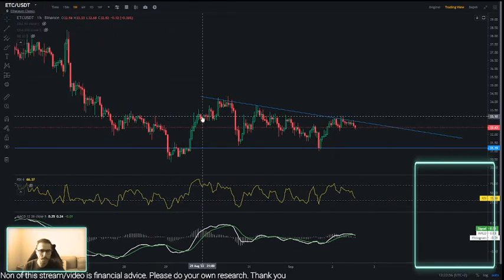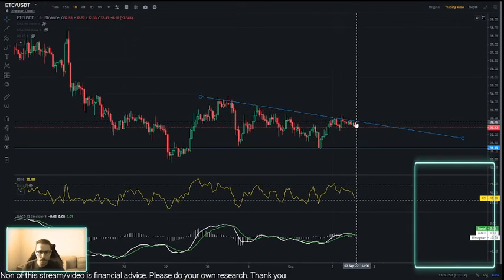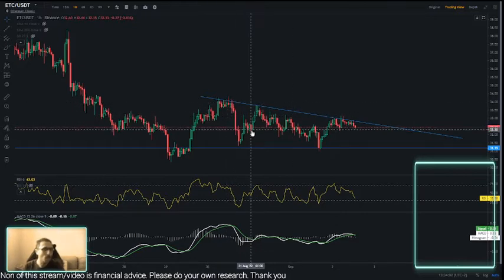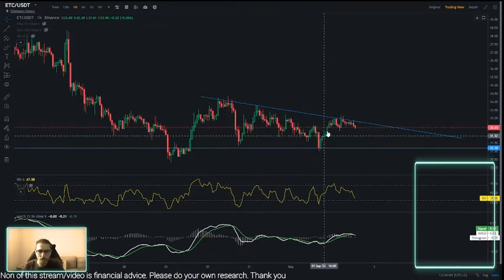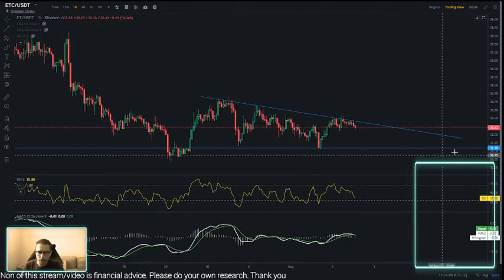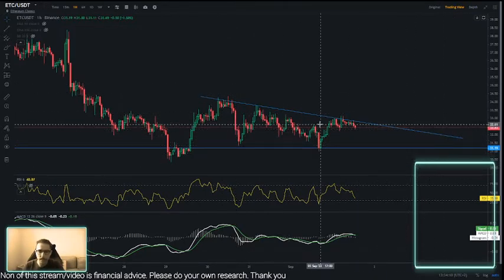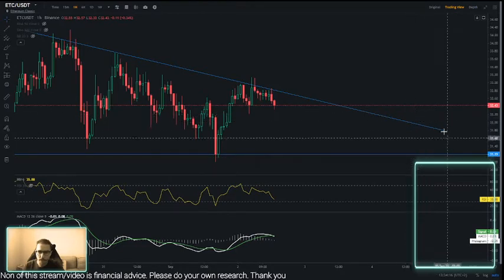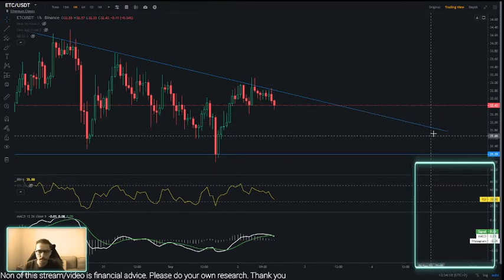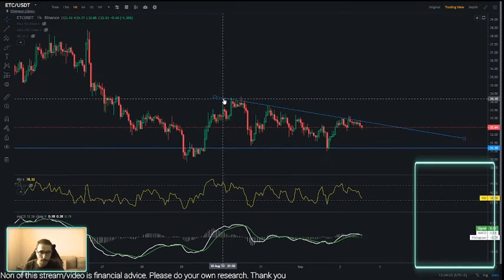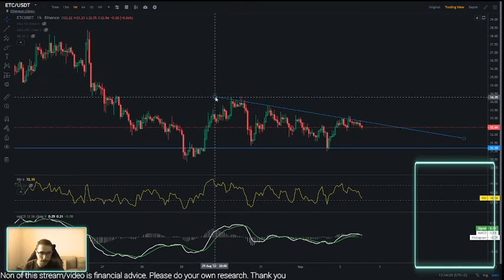Now on the shorter term, we have this line of tops of closing, which is going downward, so we are building lower tops every time. This way we might see this descending triangle forming, which could lead somewhere around here to a breakout to the downside, which could be the size of this side of the triangle.